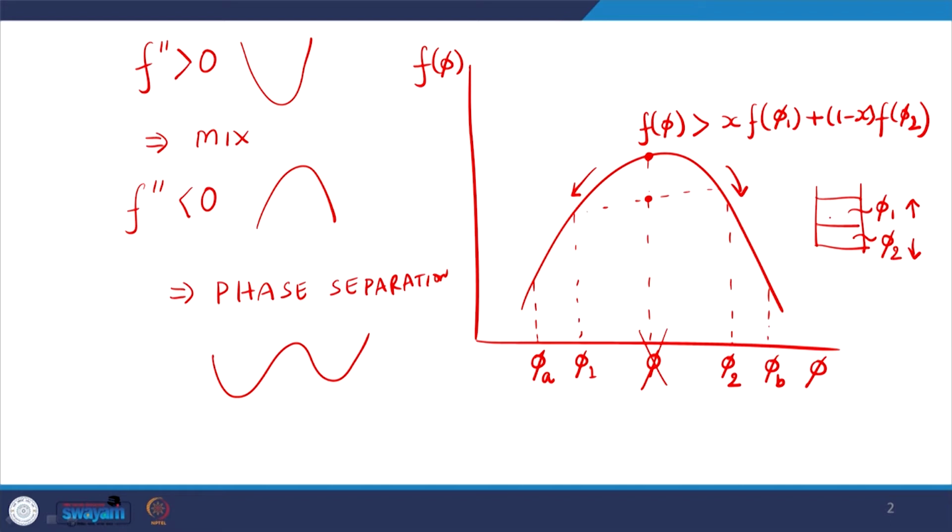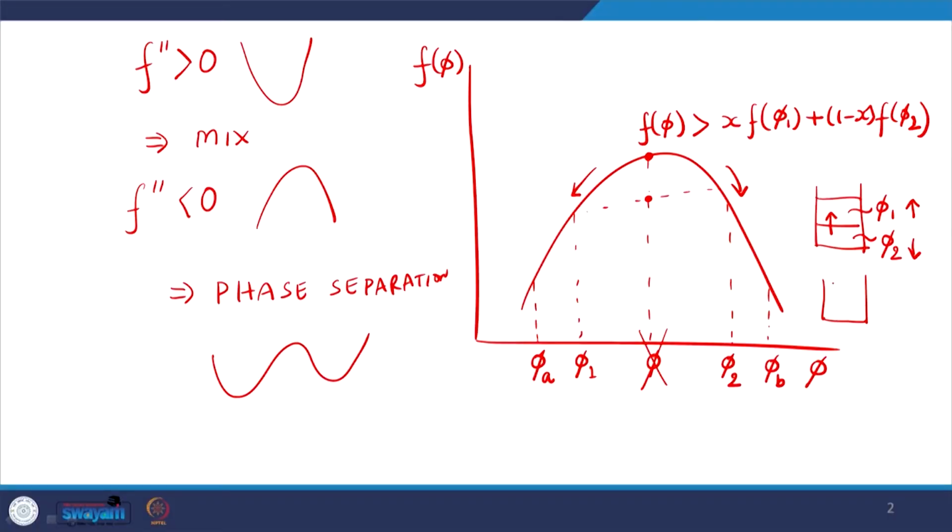So if solute moves in this particular way, then the top phase is getting a higher volume fraction and the bottom phase is getting a lower volume fraction. If the opposite happens, if solute is going in this particular way, then phi 1 is going to decrease and phi 2 is going to increase, right.